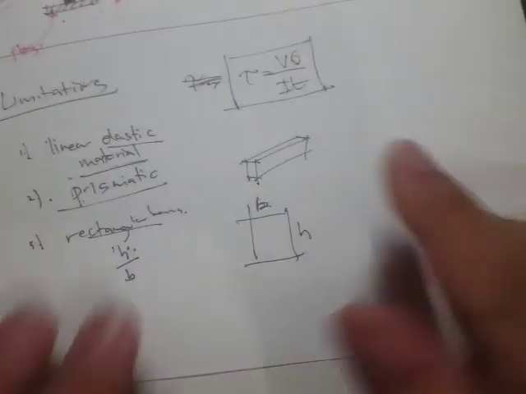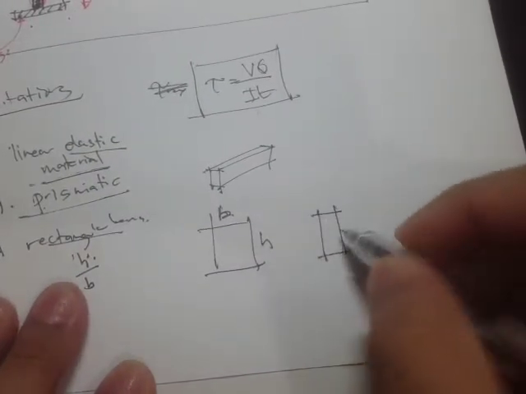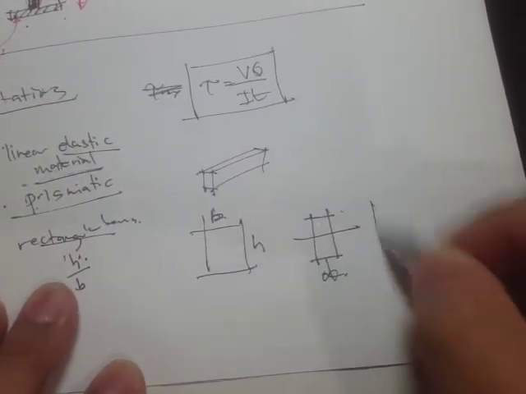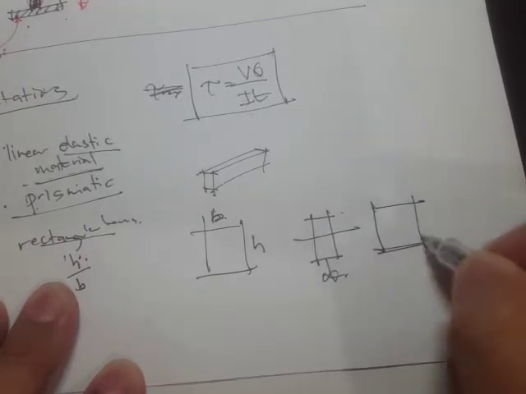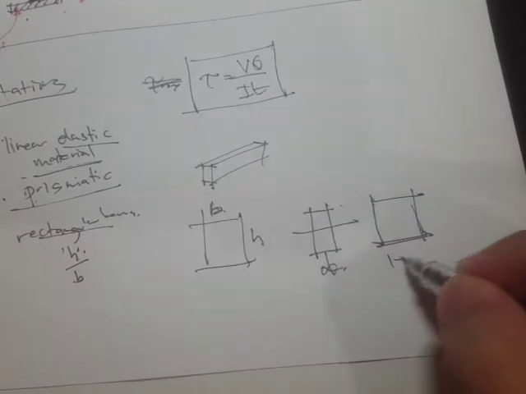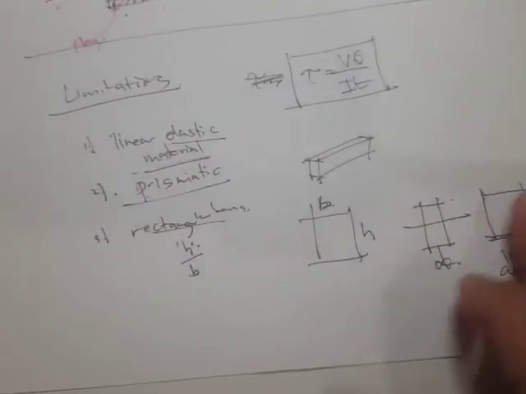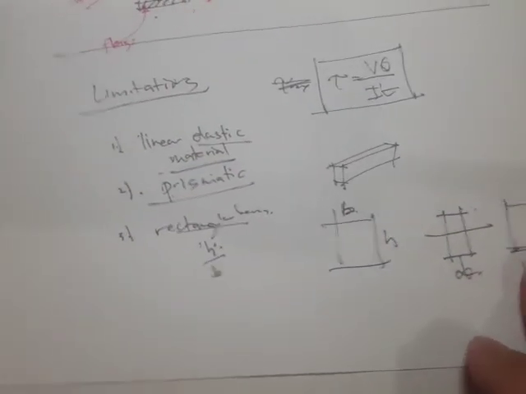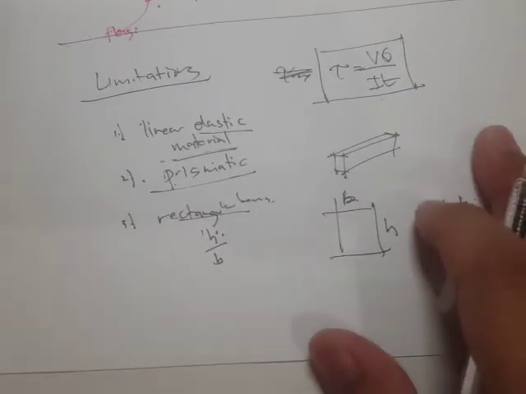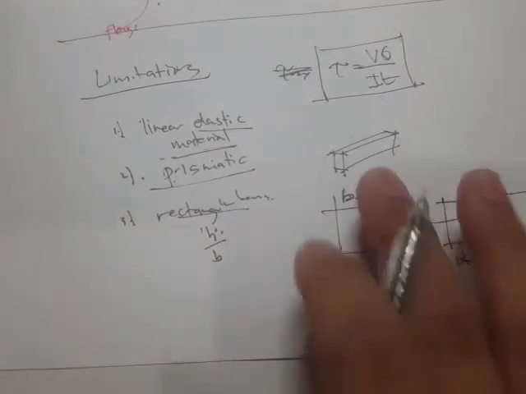So if it's something like this, a rectangular shape, then it's okay. But if the ratio becomes something like a square, then it gets less accurate. That's what our lecture is referring to, and of course it is taken from the reference text.